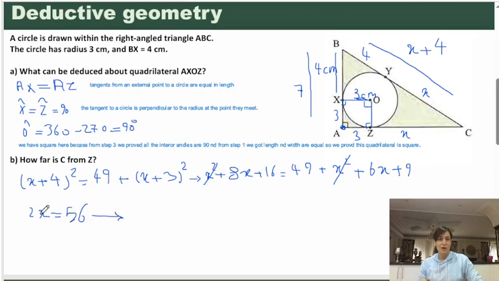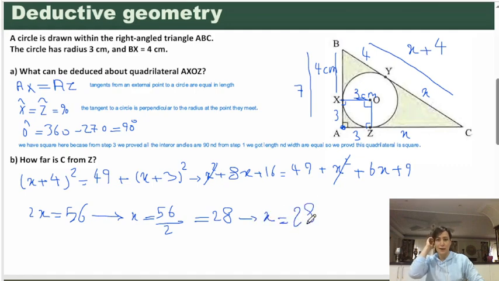And then to isolate x, I have to get rid of this coefficient, which is 2. So I divide both sides by 2. X equals 42 divided by 2, which is 21. So I got x equals 21.